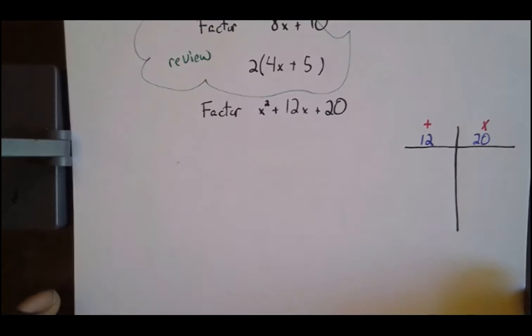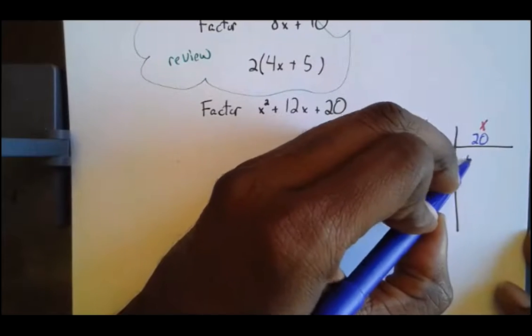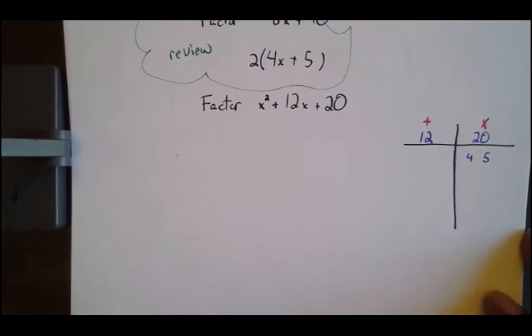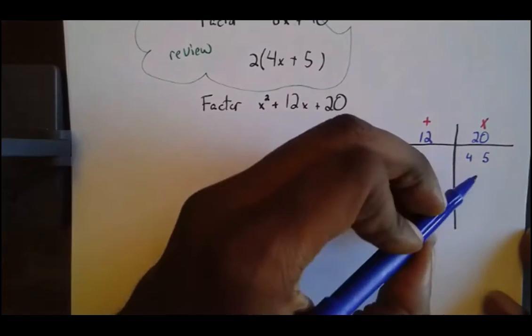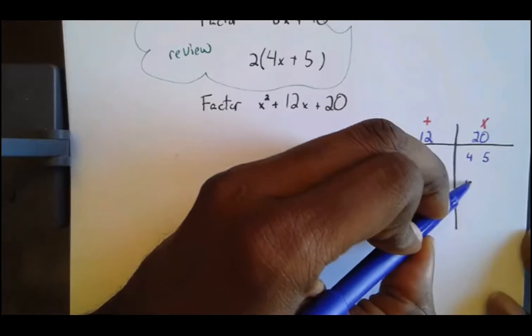Now I'm going to do numbers that multiply to 20. I have 4 times 5, and I have 10 times 2.